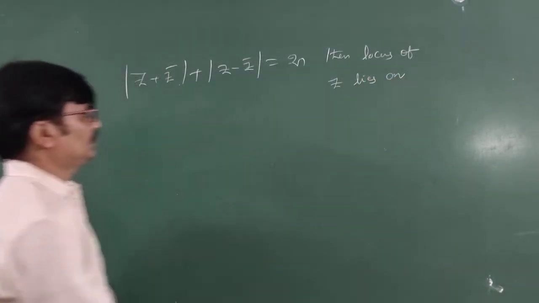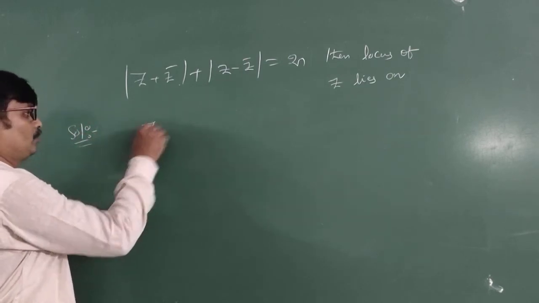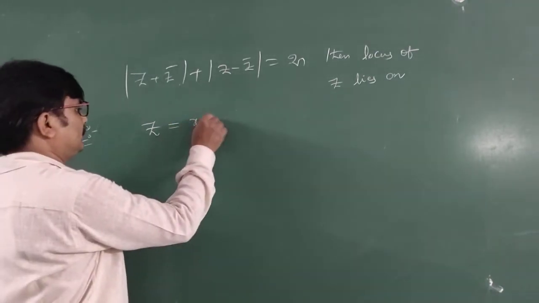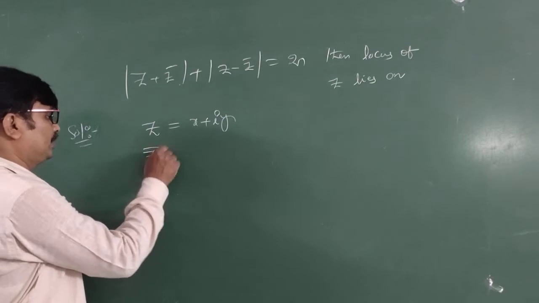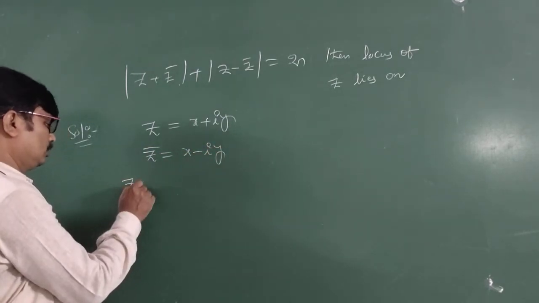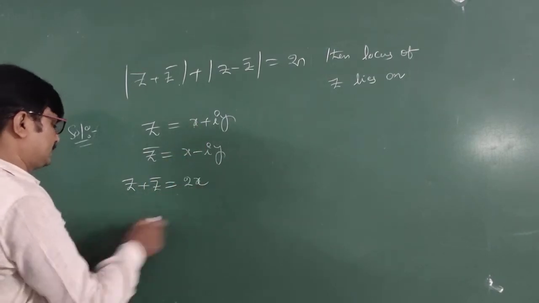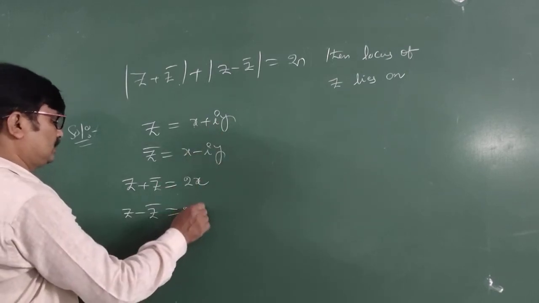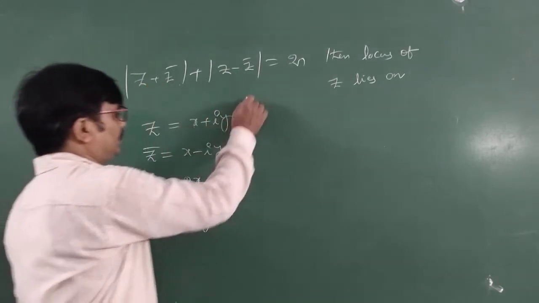My dear students, suppose we are taking z equal to x plus iy, the z bar equal to x minus iy. So the z plus z bar is 2x. The z minus z bar is 2iy. So students, these are all substituted in the given equation.